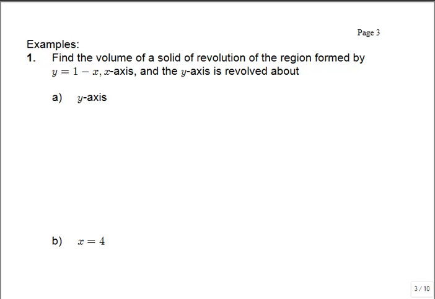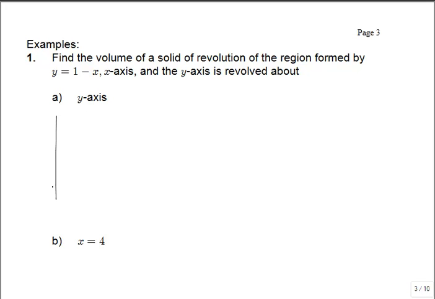Find the volume of a solid of revolution of the region formed by y equals 1 minus x, the x-axis, and the y-axis, and we're going to revolve it about the y-axis. So step 1, draw your bounded region first so that you can see what it is that you're talking about.